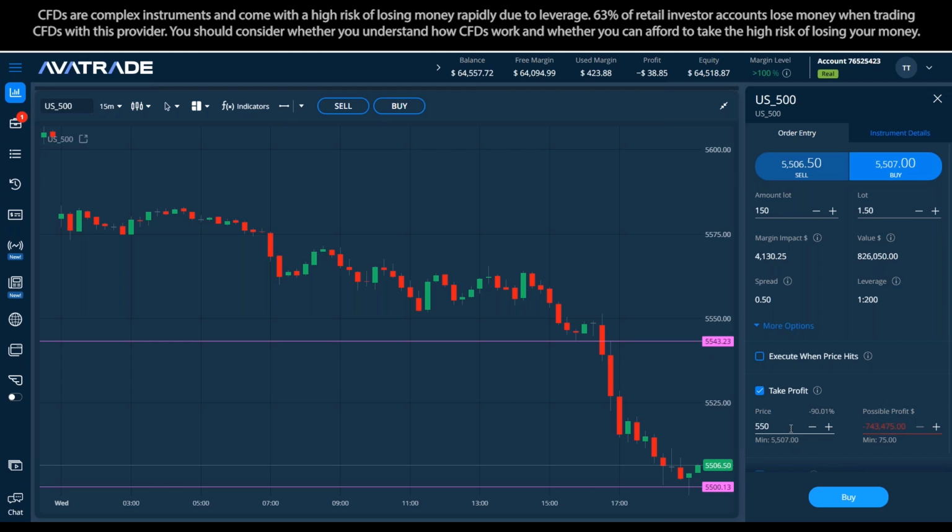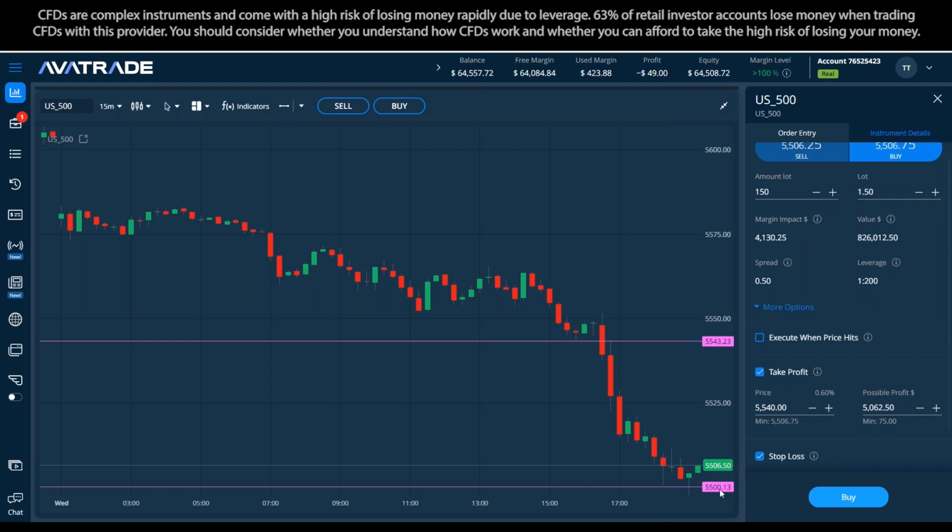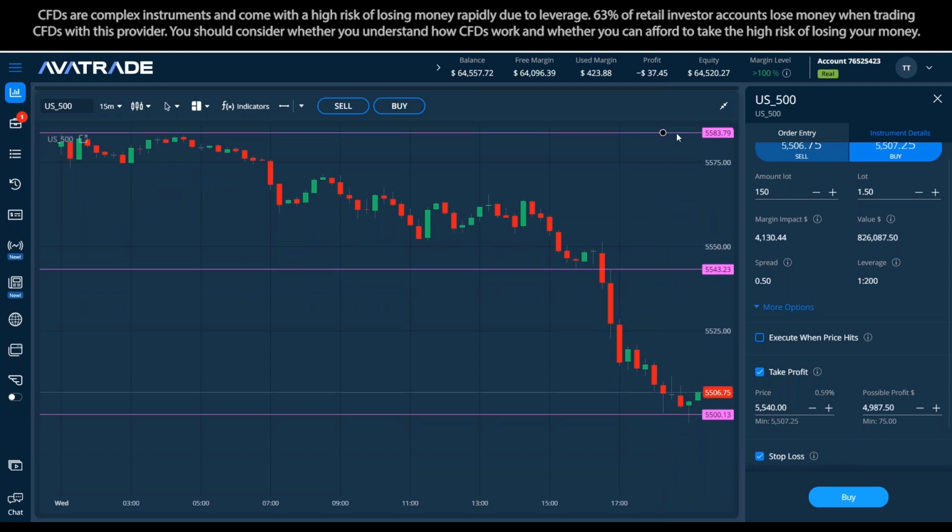So 55.40. And then my stop loss just needs to be below the 1-day candle support. So I want to get below this wick, which would be, let me drop this line up here, pull the chart up a bit, and then pull this down.